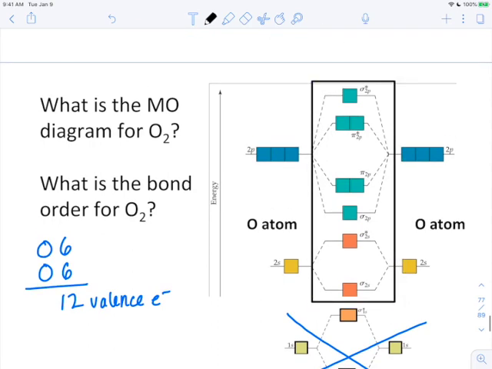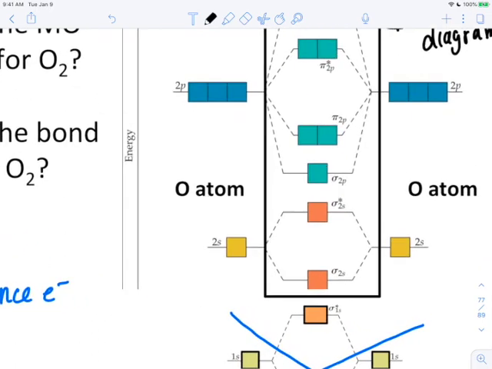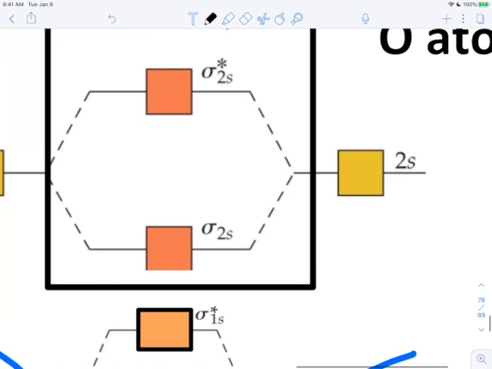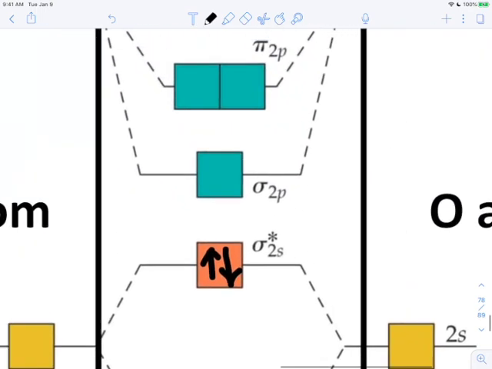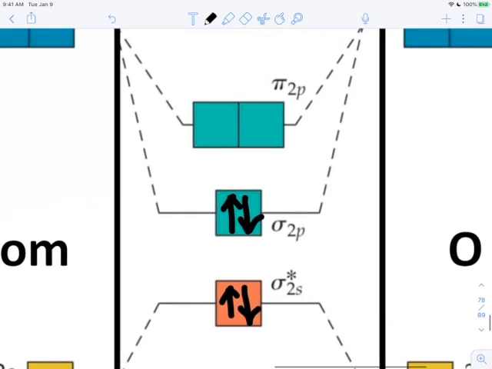So I'm going to go ahead and fill in just the MO diagram. We have 12 electrons to place, and I'm going to start right down here at the bottom. So I'm going to go 1, 2, and then I move up to the next level, 3, 4, 5, 6.